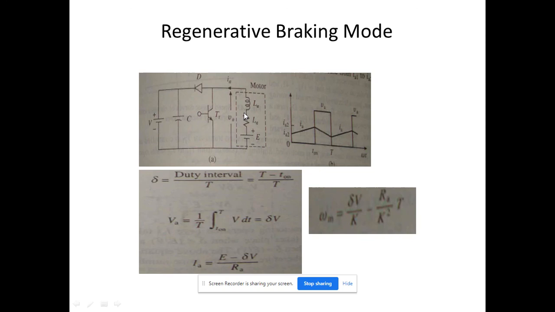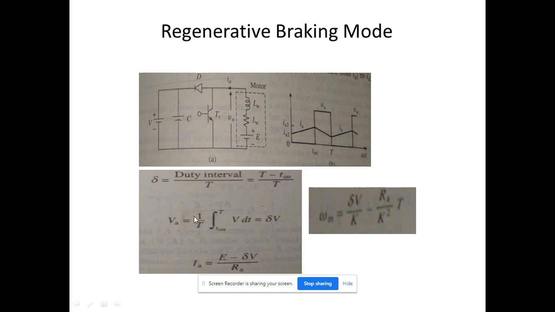So when TR is turned off, armature current flows through diode D and source voltage V. So in this way, the power is transferred from load to the source. So regenerative braking mode operation takes place. See here, this is the delta duty cycle equal to the diode interval by T, that is T minus T on upon T.